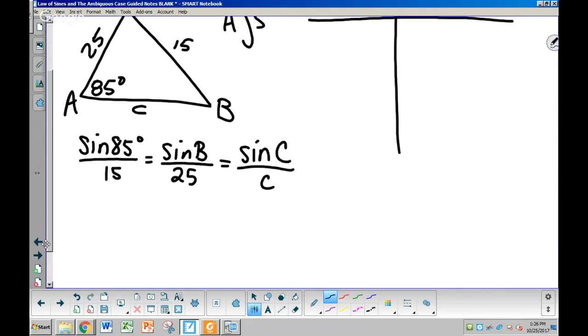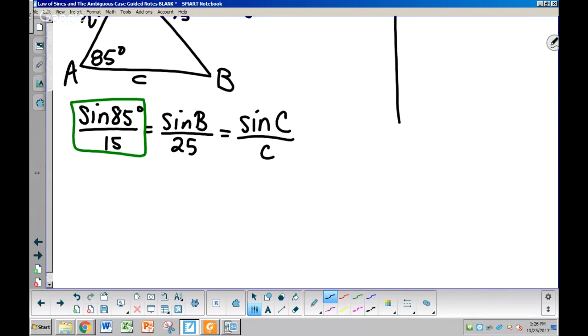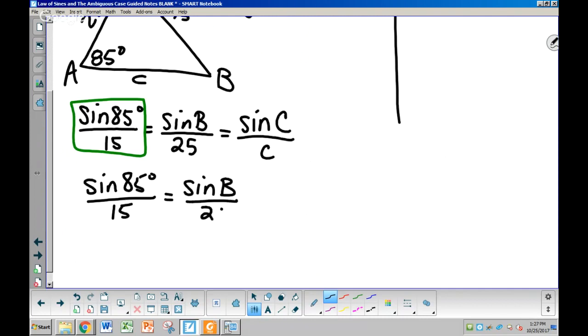We're going to go to our go-to ratio, which is the sine of 85 over 15, and we're going to solve for sine of 85 degrees over 15 equals the sine of B over 25. And can we go directly to the sine of B equals 25 times the sine of 85 degrees over 15.